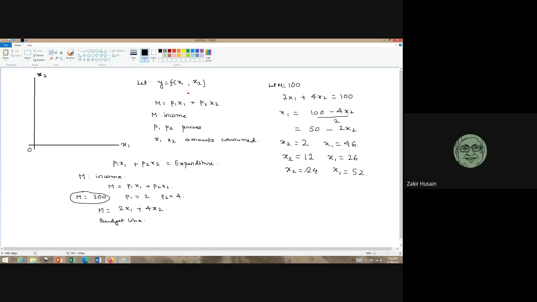Sorry. Yeah, so for different values of x2 we have different values of x1, so we have different combinations: 46 and 2, 26 and 12, 52 and 24.